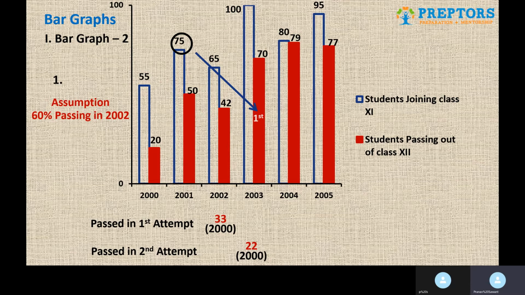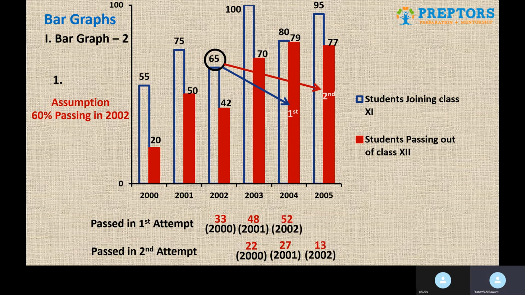Now this 75, with the same logic, will be carried to 2003, that is passed in first attempt, and for the second attempt it will be carried forward to 2004. Hence we can say that 48 passed in 2001 and 27 passed in 2001. Now moving to 65, that is for 2002.